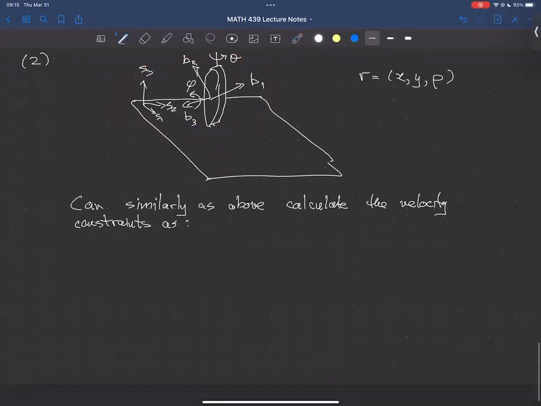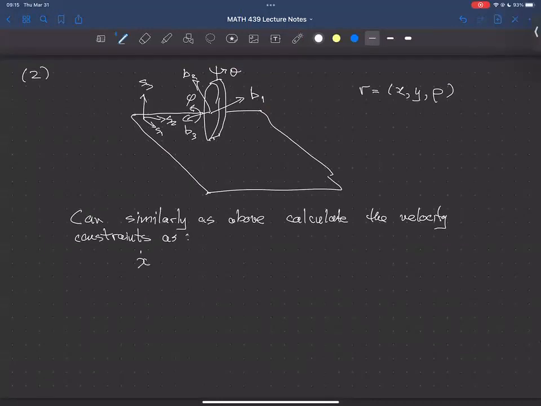What you're going to get is x dot is equal to rho phi dot, and the way I've drawn my angle phi, it's going to be with a minus sign, cos theta, and y dot is going to be minus rho phi dot sine theta. So in this case, I get two constraints on the velocity.